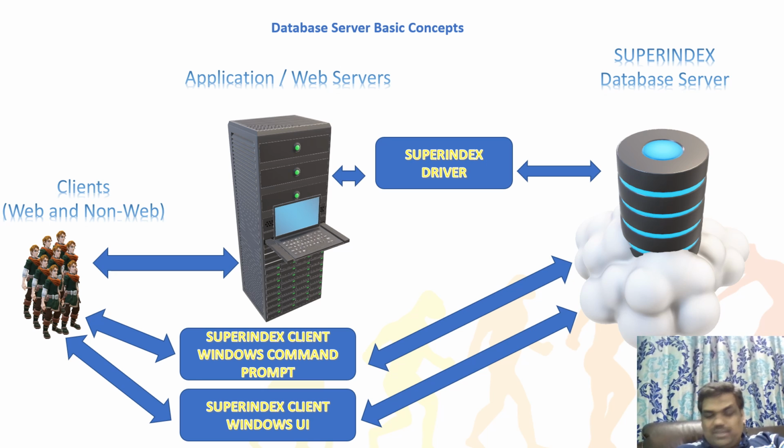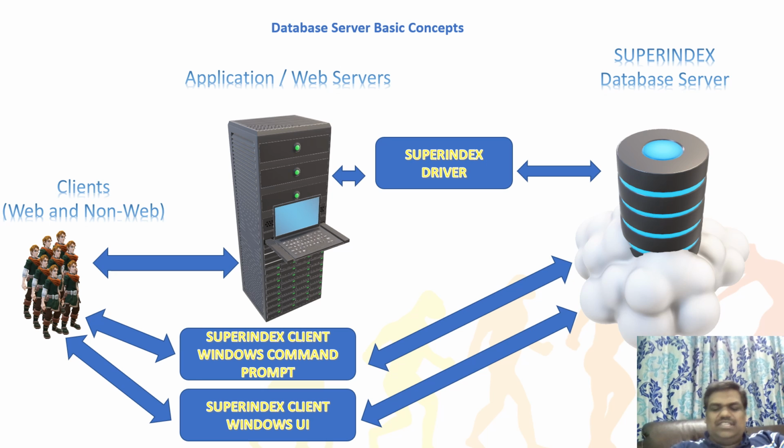SuperIndex DB also has two different types of clients. One is the Windows command prompt client. That client can be installed in Windows, it's a bat file, and you can connect directly to the database server. These clients are not useful when you go to the online production system.